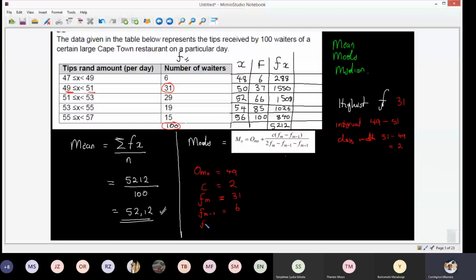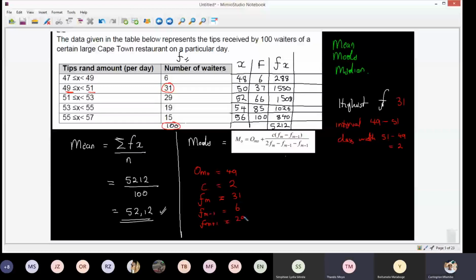You don't need to subtract 1. The minus 1 is telling you that you just look at the previous frequency. Don't subtract 1. Then what about the next frequency? It's 29. That's it.